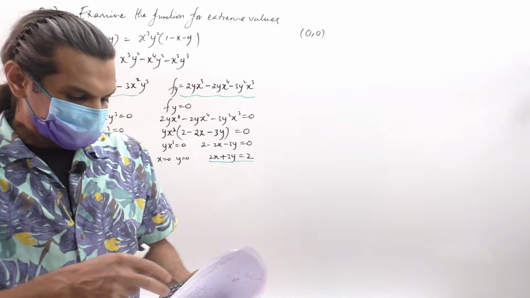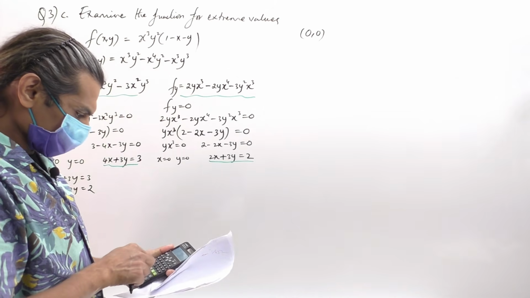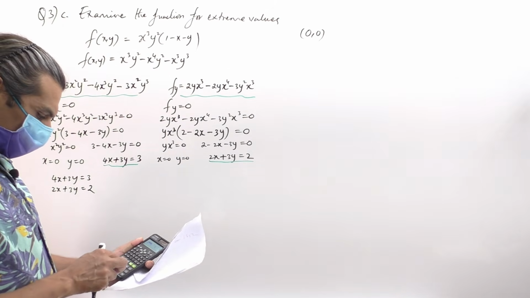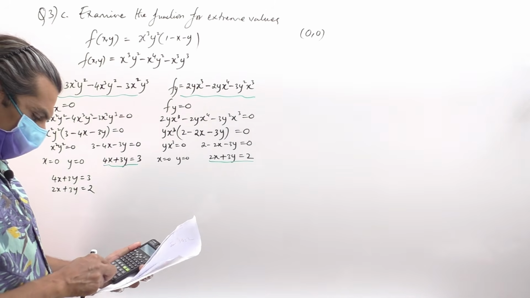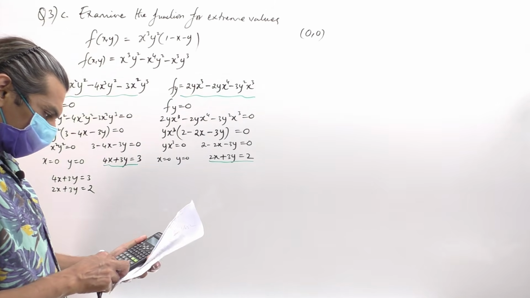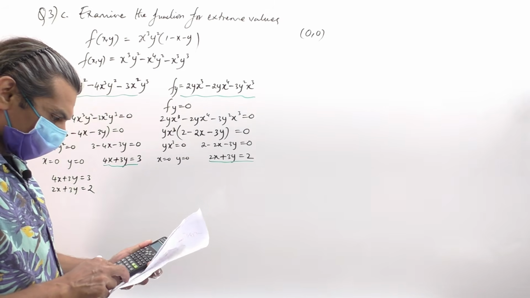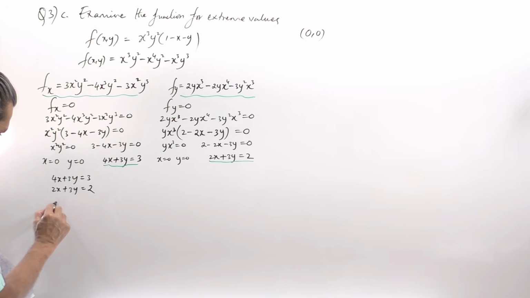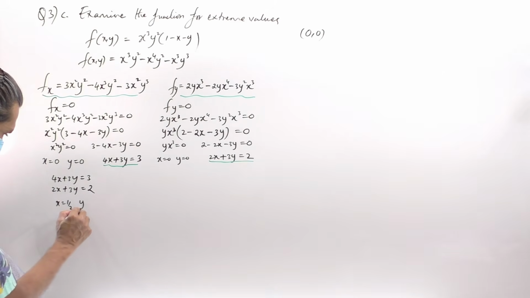We go to mode, equation, then simultaneous. We enter 4, 3, 3, 2, 3, 2. So we get 1 by 2 and 1 by 3. So x is equal to 1 by 2, y is equal to 1 by 3.